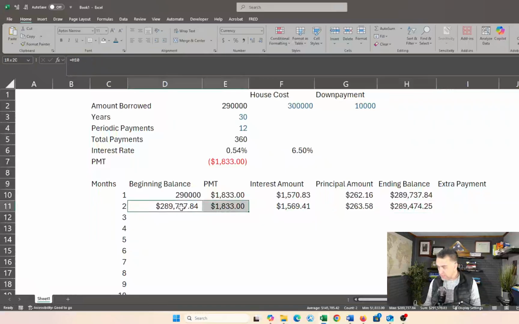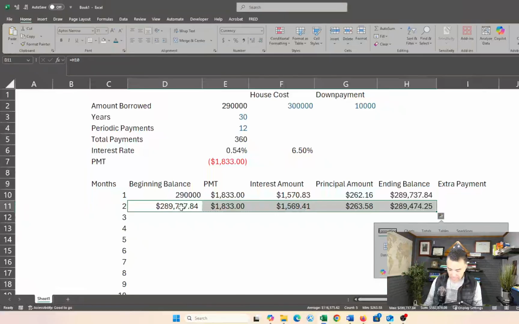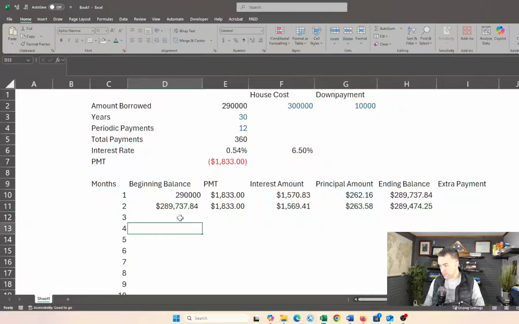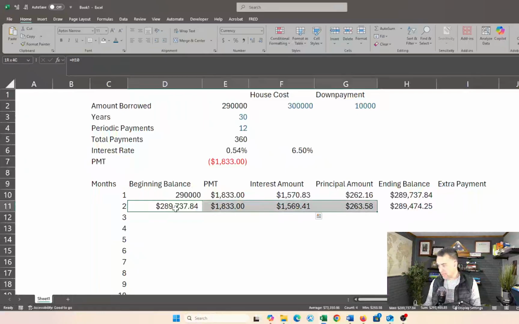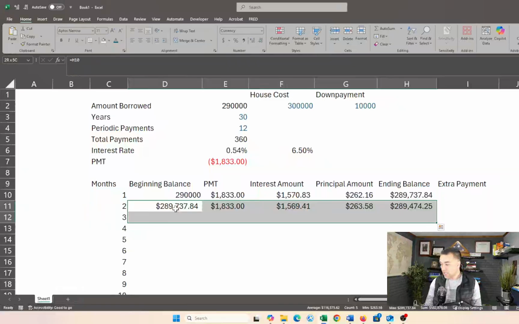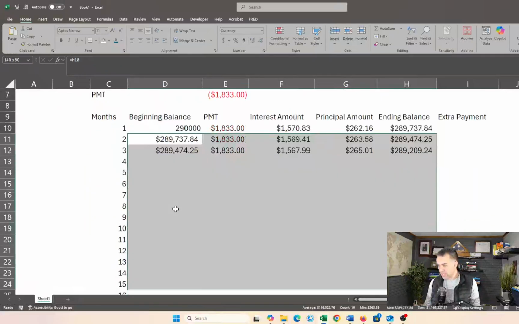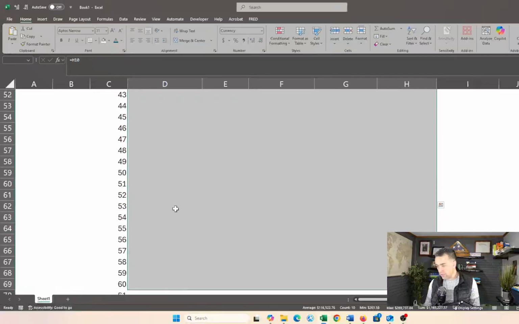So what I would do is I'm going to highlight those. A quick way of doing it, I'm going to highlight those, and then I'm going to go down. If you hit Control D, I think it's Command D on the Mac, I'm going to look at it, and that looks correct. So I'm going to drag this all the way down to my 360.